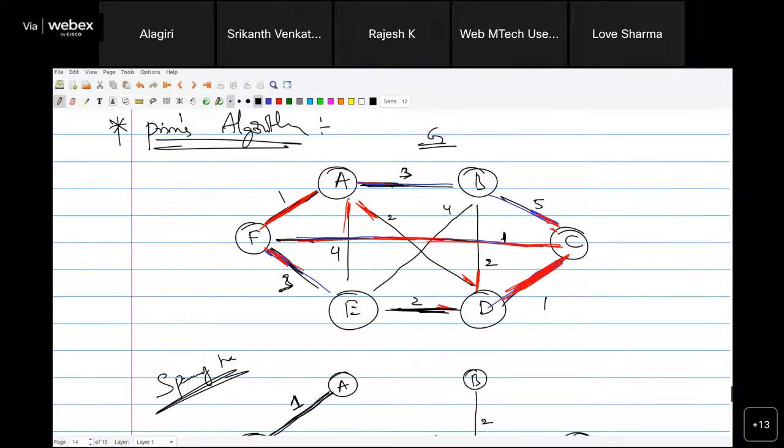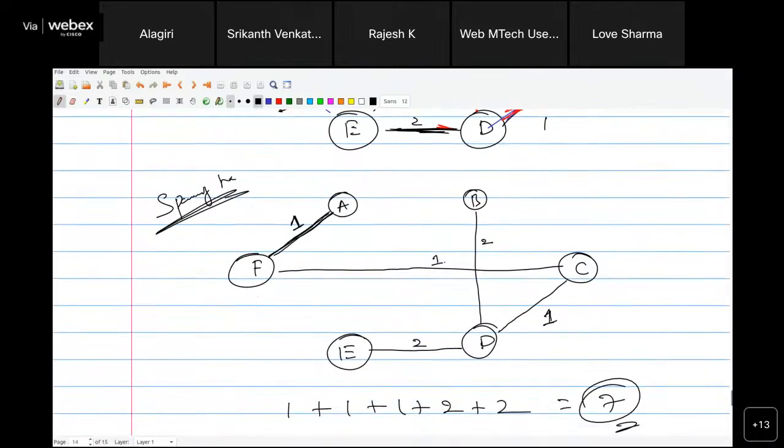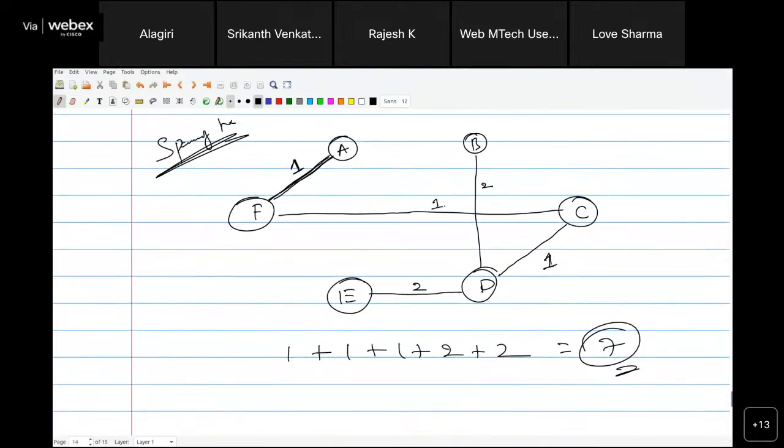There are, I guess, more than 10 spanning trees possible for this particular graph. Out of all the spanning trees, this will give you the minimum cost, which is 7. So all other spanning trees will have more than 7 cost. And the process is like this: pick the least edge weight and then build the spanning tree.